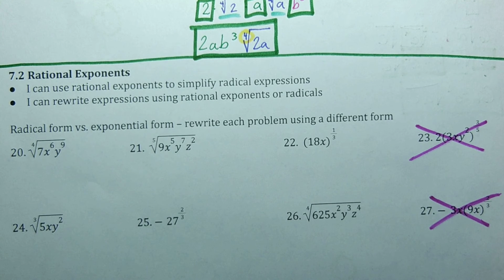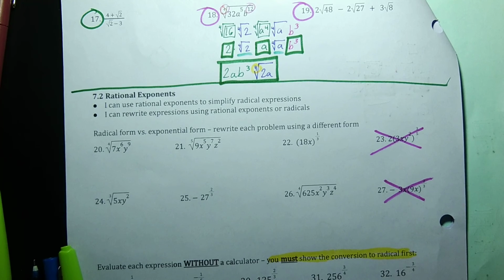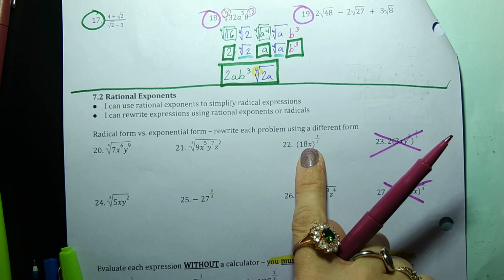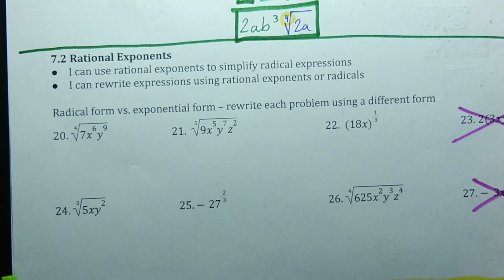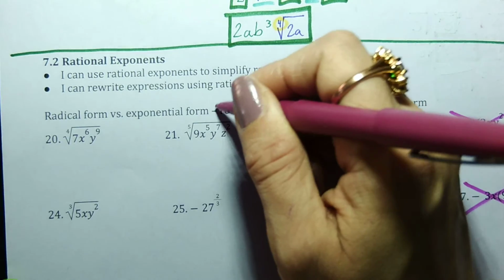Don't do them, ever. And in this first block of problems, you are just rewriting. So if it's in exponential form, like number 22, write it in radical form. And if it's in radical form, write it in exponential form. So here you are just rewriting.